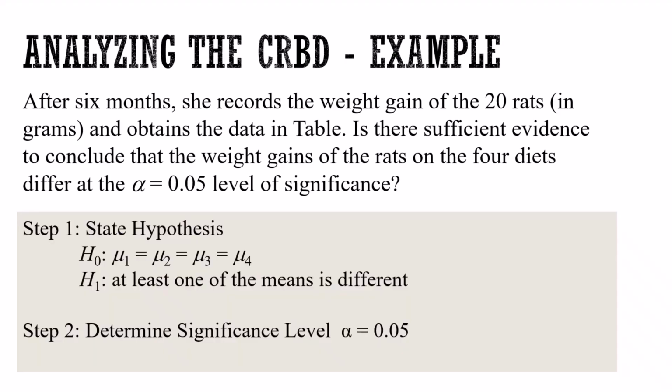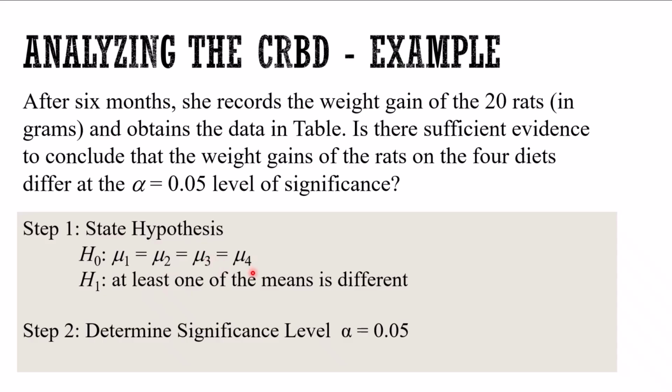We will go through the step-by-step procedure that we learned to perform a hypothesis test, starting with stating the hypothesis. For a block randomized test, we will state our null hypothesis as mu sub 1 equals mu sub 2 equals mu sub 3 equals mu sub 4.